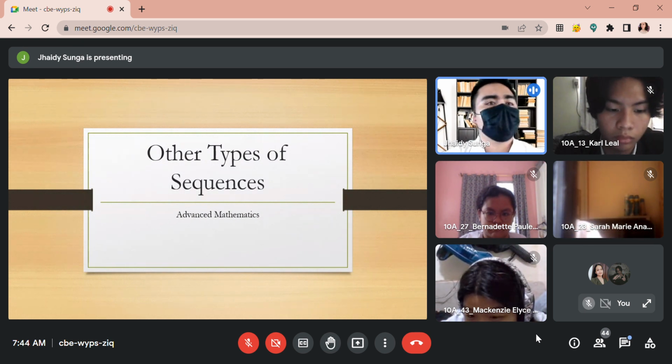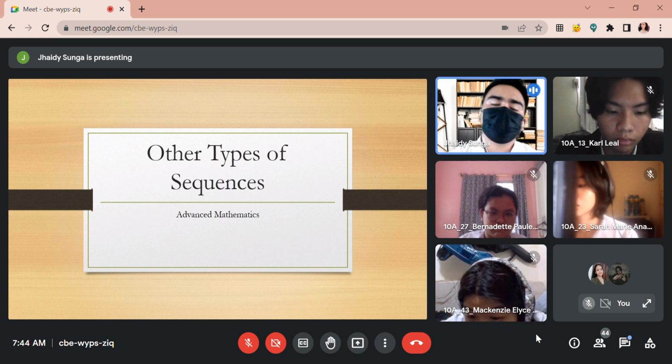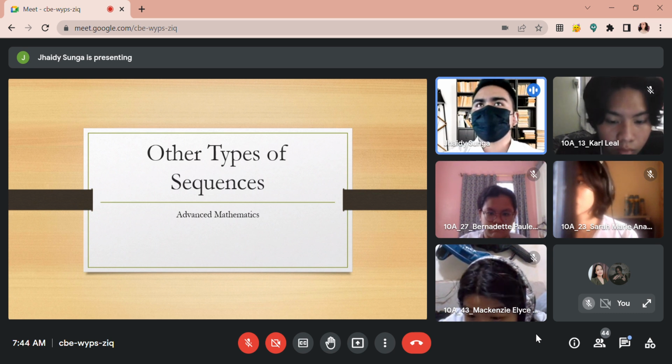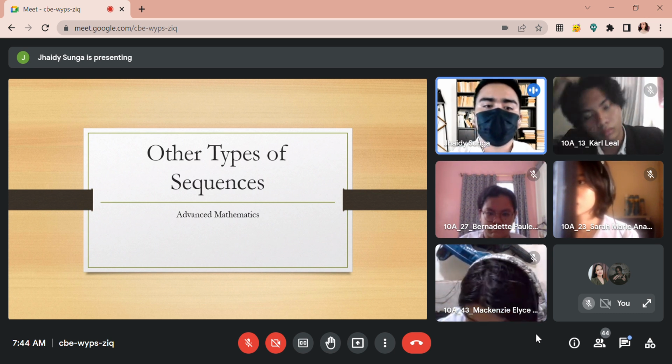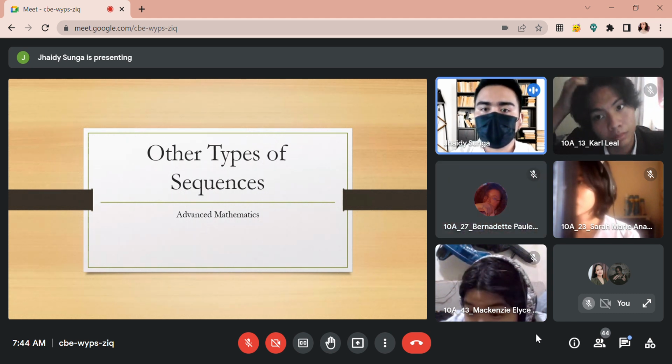So, what we discussed last time with regards to geometric sequence is that we could sum up the terms using a formula, right? Could anyone give me the formula for the sum of the terms in a sequence?